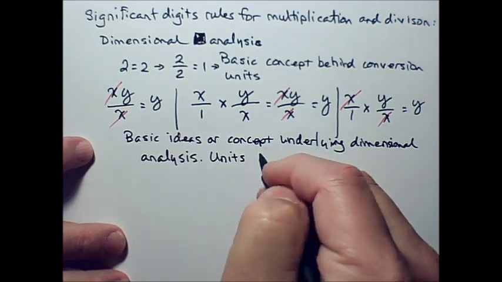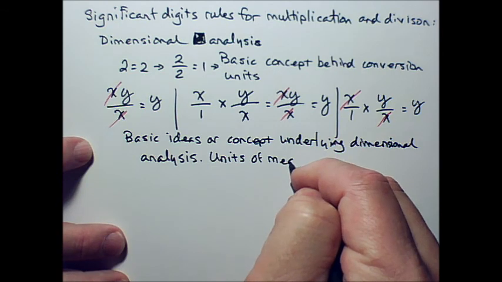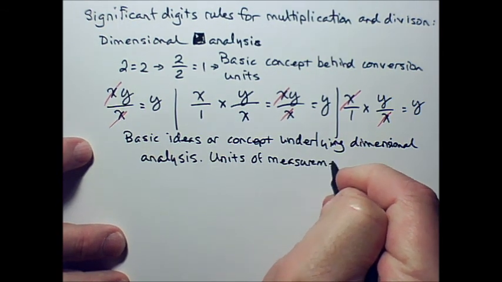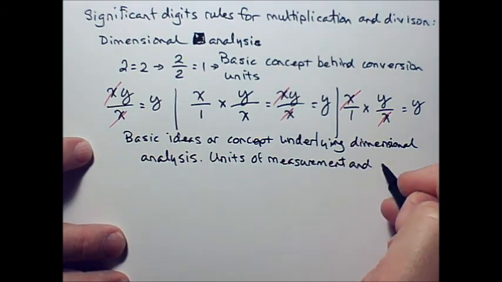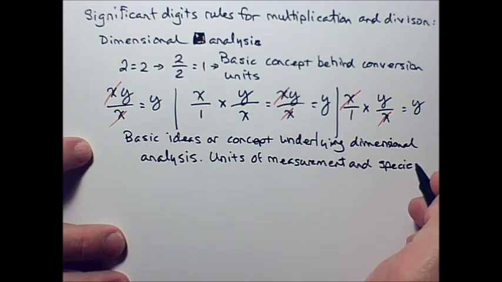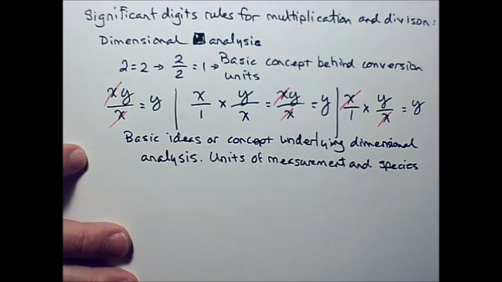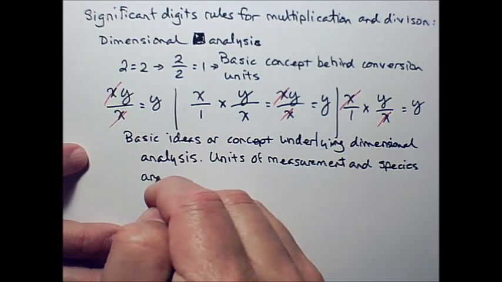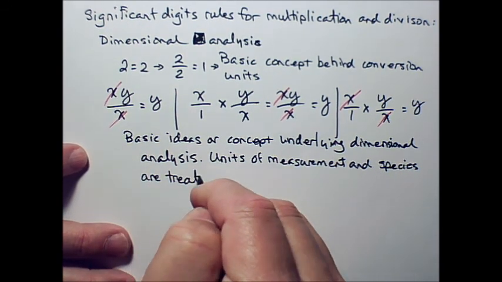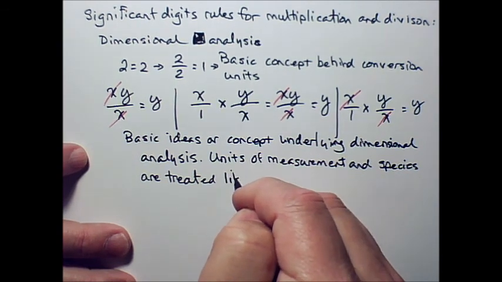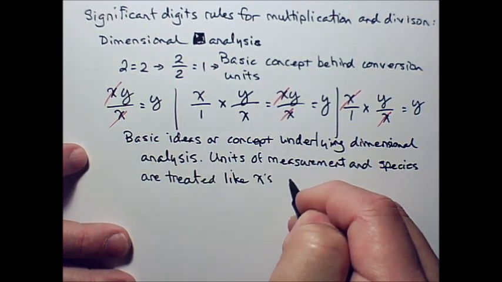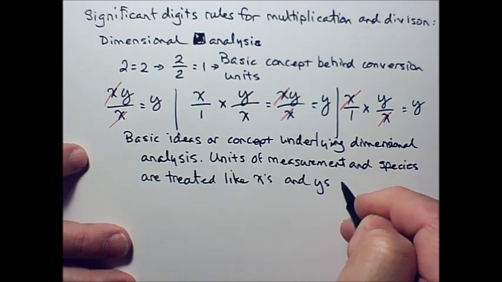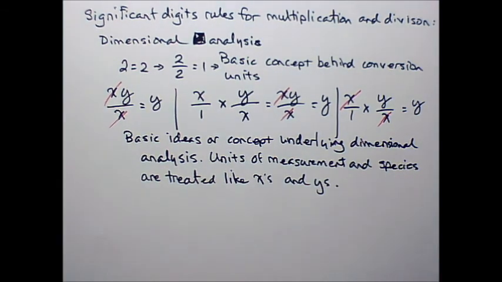In dimensional analysis, units of measurement and species are treated like x's and y's. Species in chemistry would include any kind of chemical. It could also include electrons or neutrons. It works the same way.